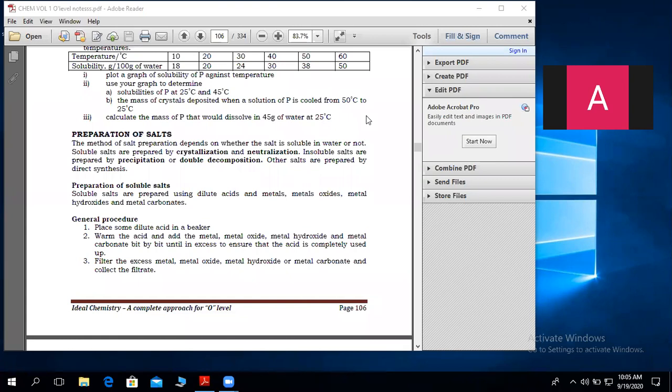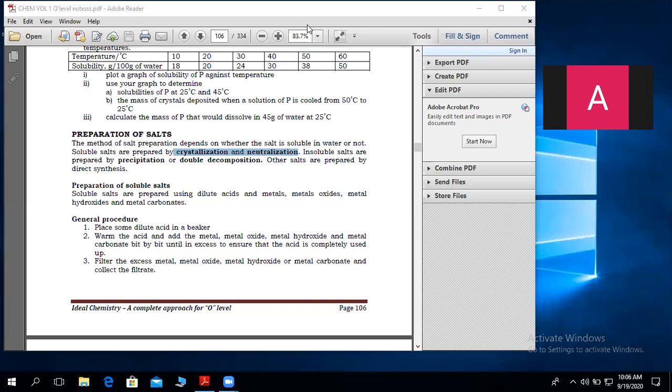So we said when a salt is soluble in water, we prepare it by either crystallization or neutralization. I remember telling you that, and I think you still remember. You remember again in senior one, we usually tell you that when we are separating mixtures that have different solubilities, we use the method of fractional crystallization.